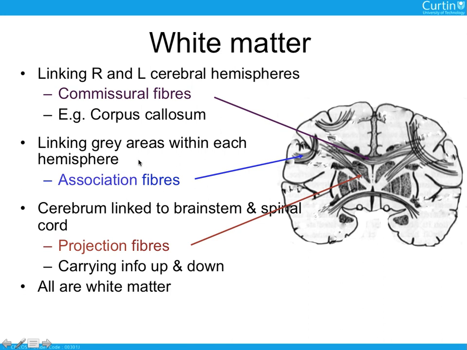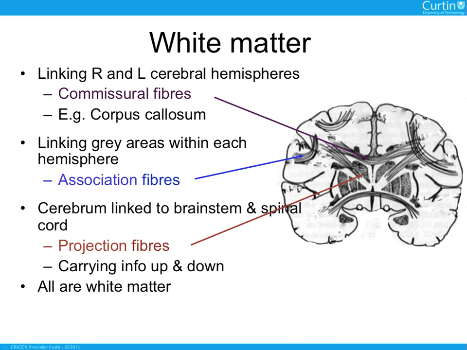These link the grey areas within each hemisphere. So commissural fibers link the left and right hemispheres, and association fibers link the grey matter in two different places in the same hemisphere. Then we have the third set of fibers, called projection fibers, and these link to the brainstem and spinal cord. All of these are white matter.